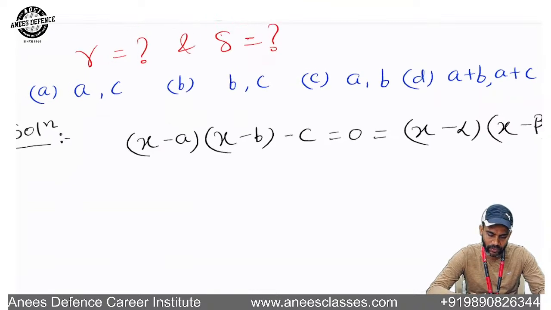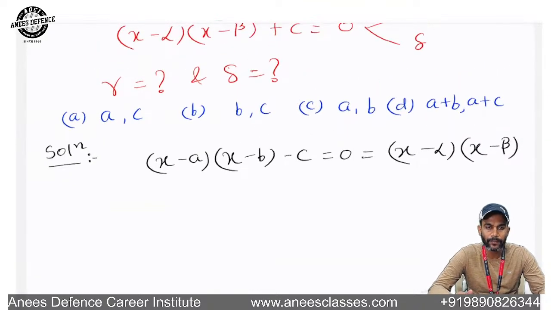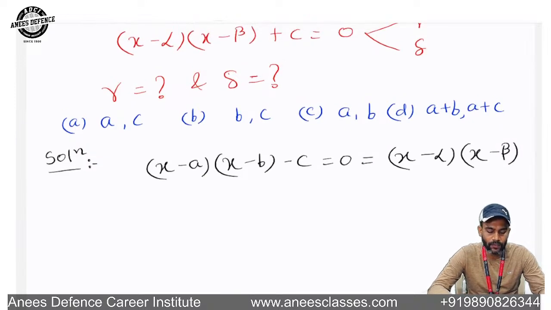Can I write that way? Yes or no? Because the roots of the given equation are alpha and beta. So I can write x minus alpha into x minus beta.